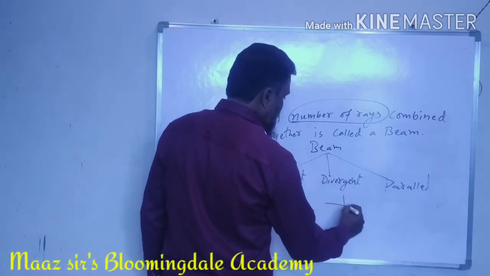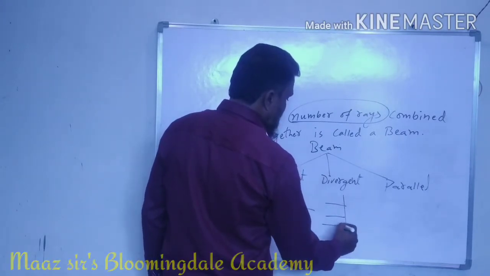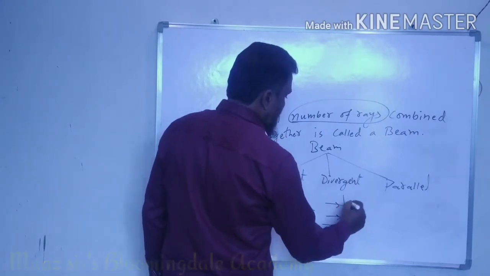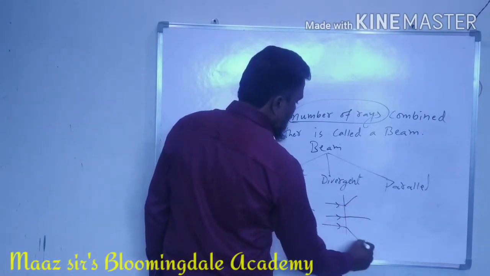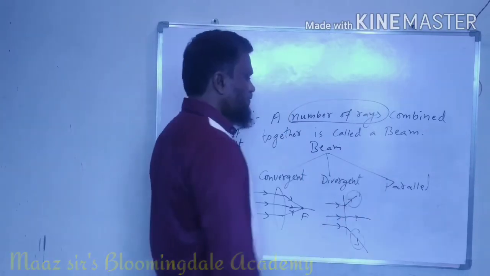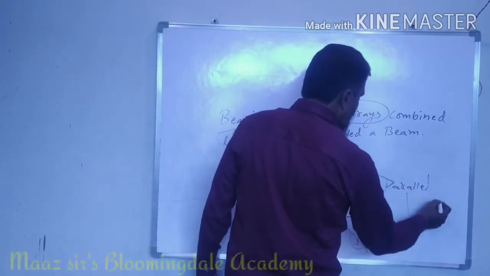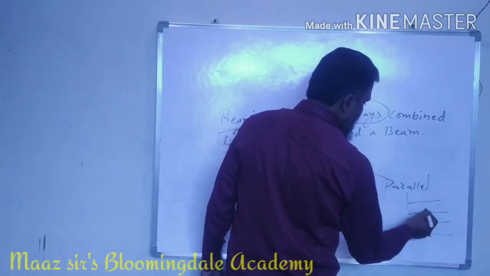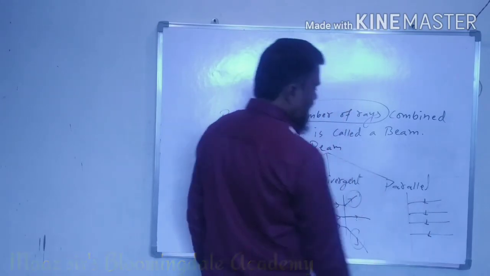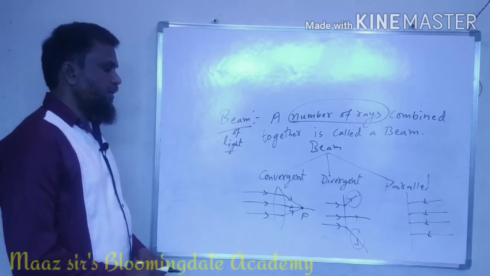Similarly, if the rays are falling and they are going away, that is, if the light rays are parallel, then we call it a parallel beam of light.